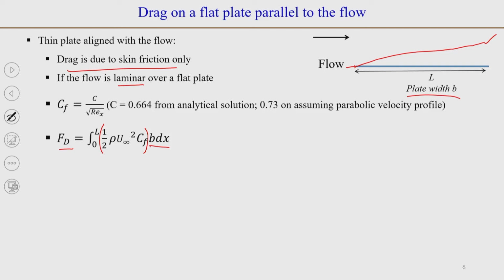So, we can integrate over the plate area if we take a differential element at a distance x. If we take a small element of length dx, then we can integrate it from 0 to L. Now, we can substitute the value of CF here.